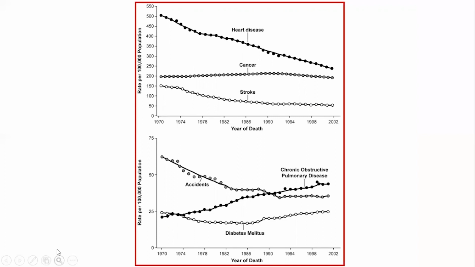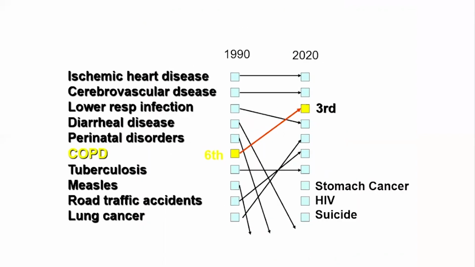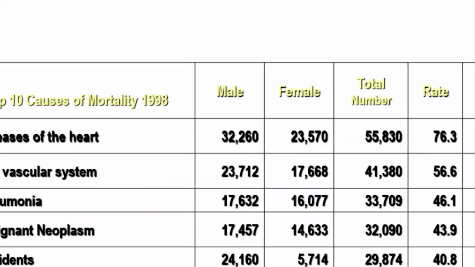But you can see in this slide below that chronic obstructive pulmonary disease from the 70s, 80s, 90s to 2000 is going up. So in the year 1990, chronic obstructive pulmonary disease was estimated to be the number 6 disease. And for the year 2020, it is expected to go up and become the 3rd leading cause of disease globally.